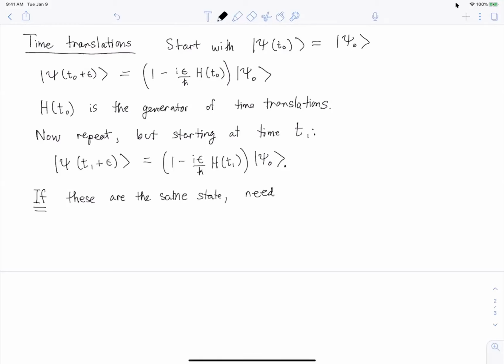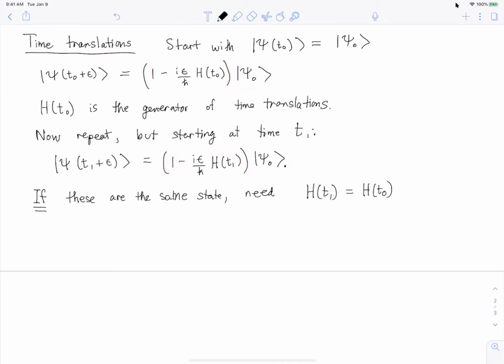And we see that when we take the difference between them, this is just going to cancel because we're acting on the same thing. And so the difference is just going to be the difference in the Hamiltonians. Okay, and so that means that we need h of t1 to equal h of t0.